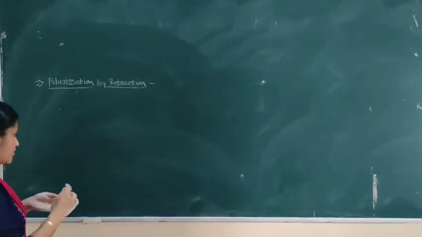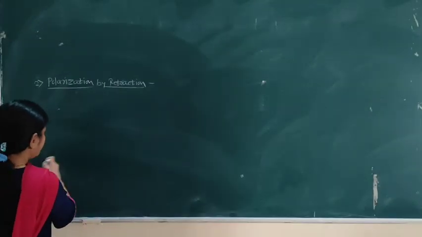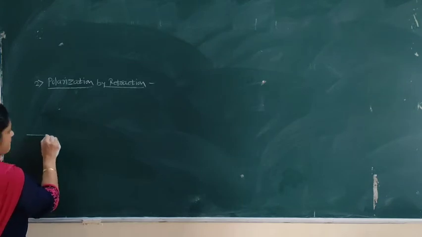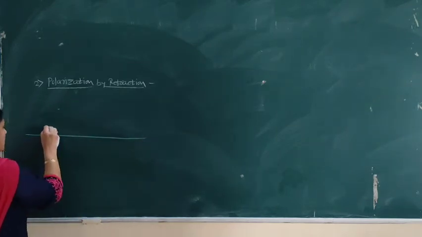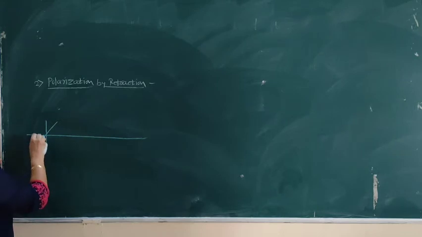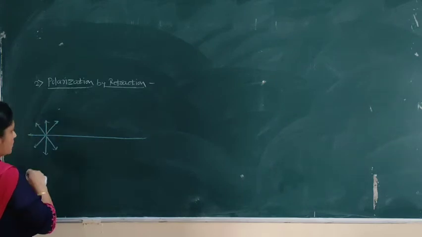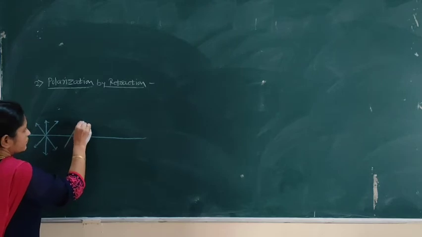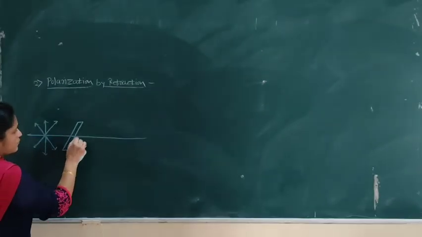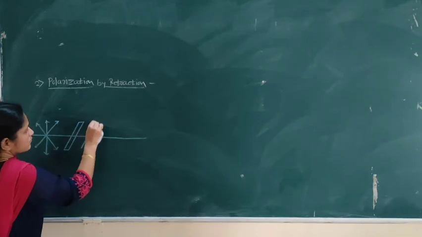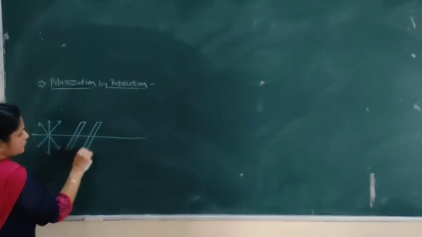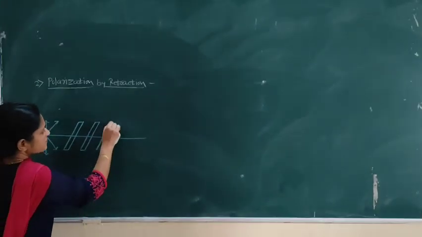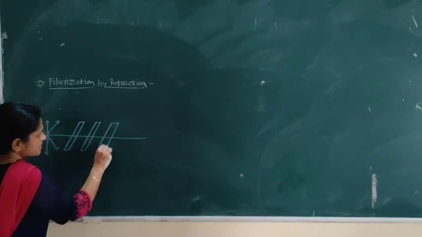Polarization by refraction. Initially I will draw a diagram. This is unpolarized light. Now this is the transparent surface, that is, a glass surface.